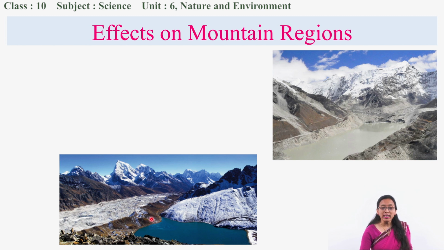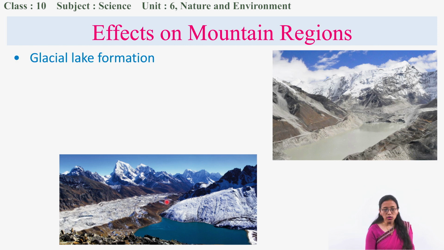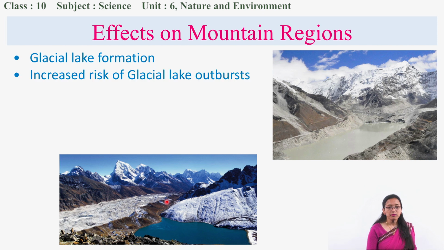We can see no living organisms, neither plants nor animals, just like a desert. At first, glacier lakes are formed due to melting of the ice or snow present on the mountain. The formation of glacier lakes increases the risk of glacier lake outburst.